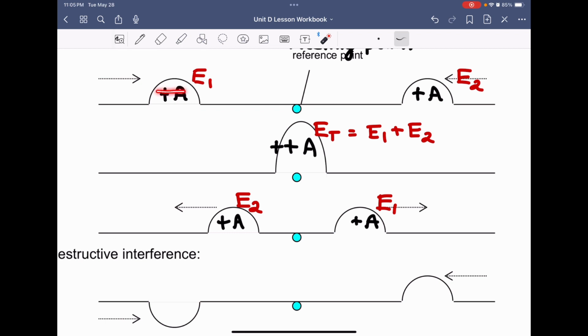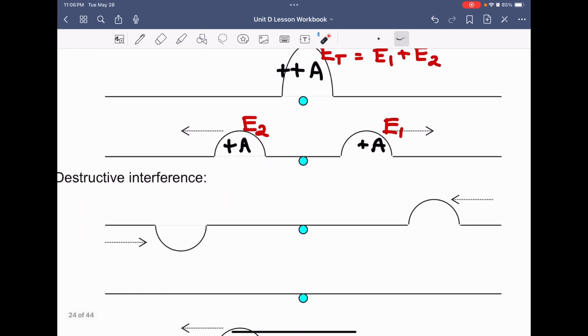So the energy 1 is going to pass through this point. It's going to pass through the reference point where these two things meet. The E1 meets at the reference point, it passes through, and then it continues with its trajectory. Same with E2. It's heading towards the reference point, it meets at the reference point, and then it passes through the reference point. All right.